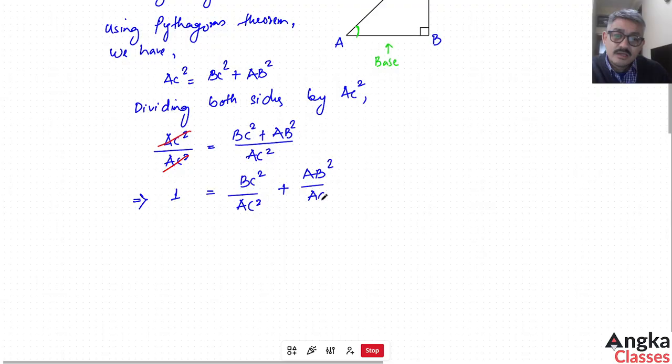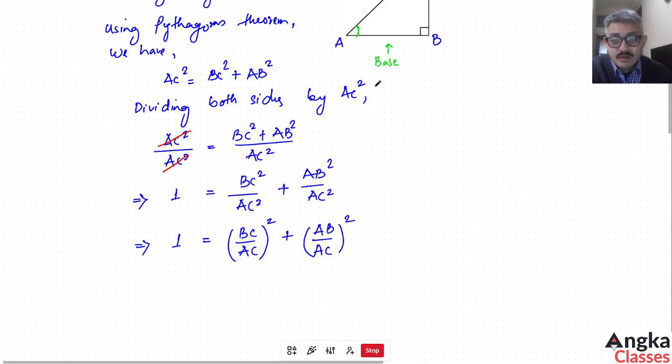This is BC by AC whole square plus AB by AC whole square.